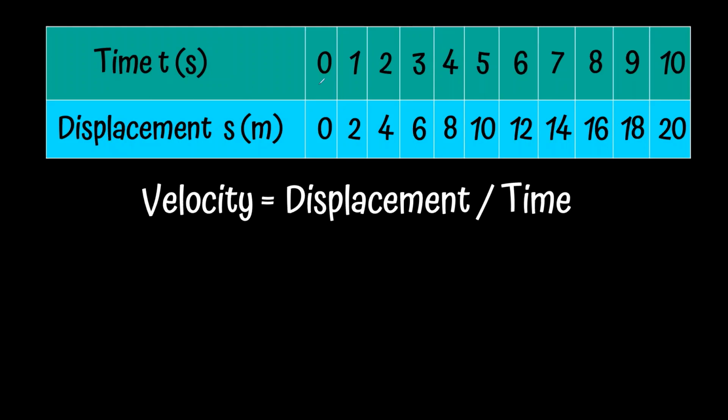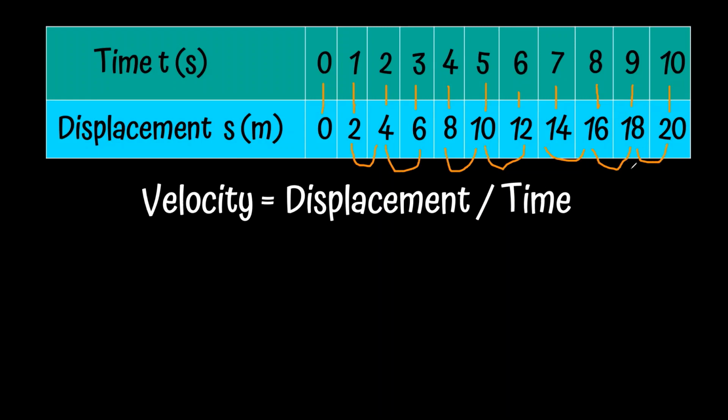For 0 seconds 0 meters, 1 second 2 meters, 2 4, 3 6, 4 8, 5 10, 6 12, 7 14, 8 16, 9 18, 10 20. So you can see that this is uniform, right? There's a 2 meter gap in every displacement.